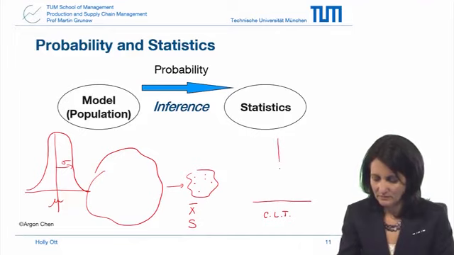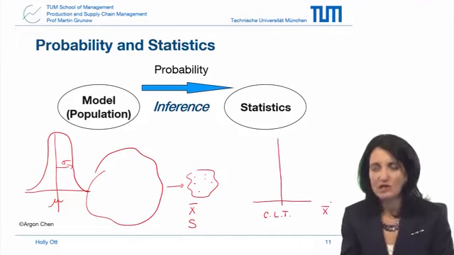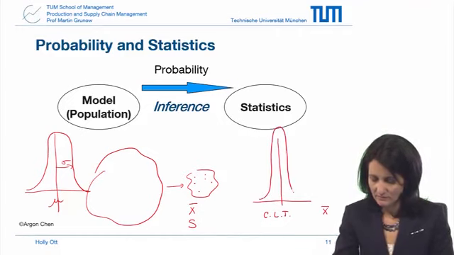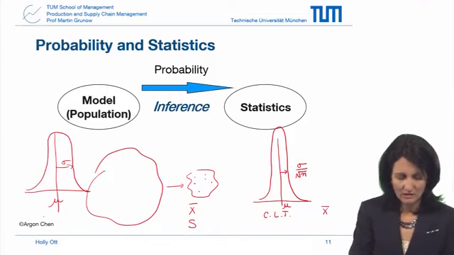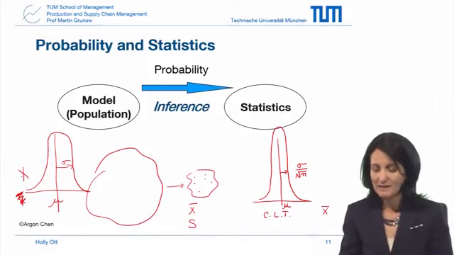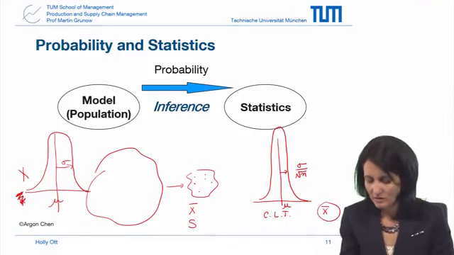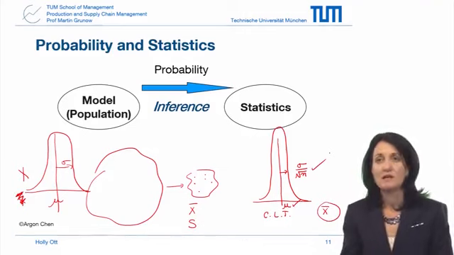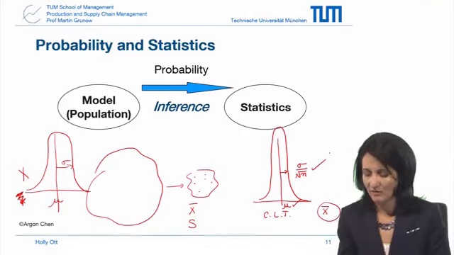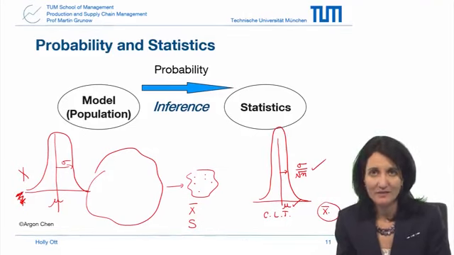where, looking at the distribution of x bar, we knew that if we knew the population parameters, mu and sigma, from our distribution of our random variable x, then we could also know the population parameters of our sample average.